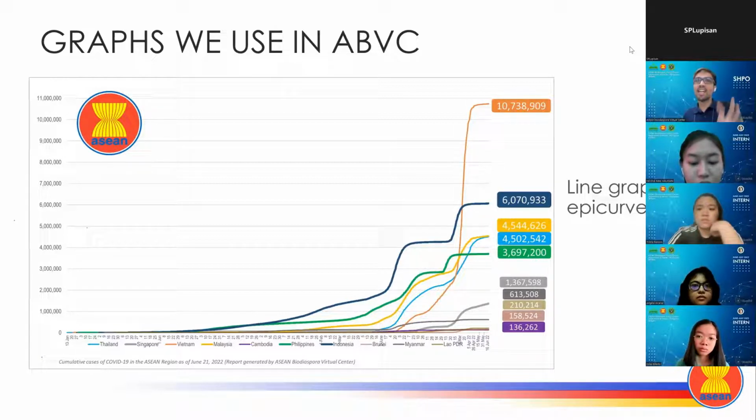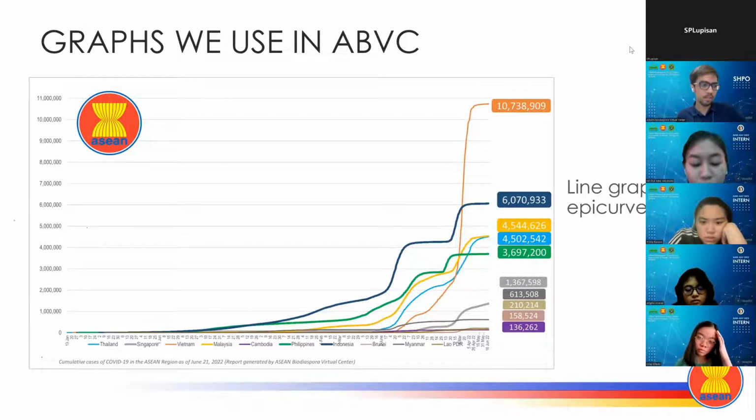The more cases that they detect, the more individuals they can isolate. And the more individuals they isolate, the more they can protect the vulnerable population in their area. As you can see in our situational report, you must also compare the case fatality rate, not just the cases. Just because a country has high cases doesn't mean it really has high cases.